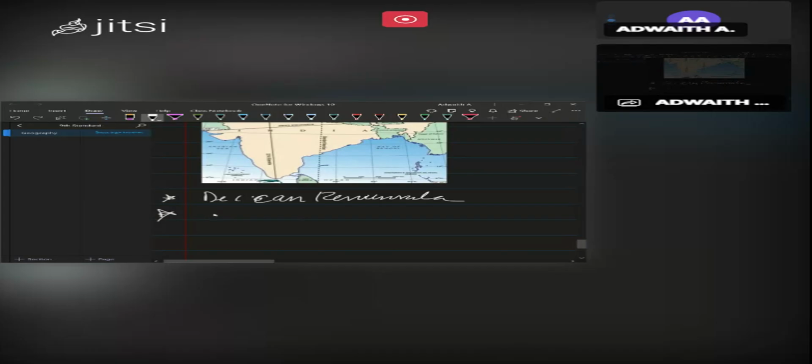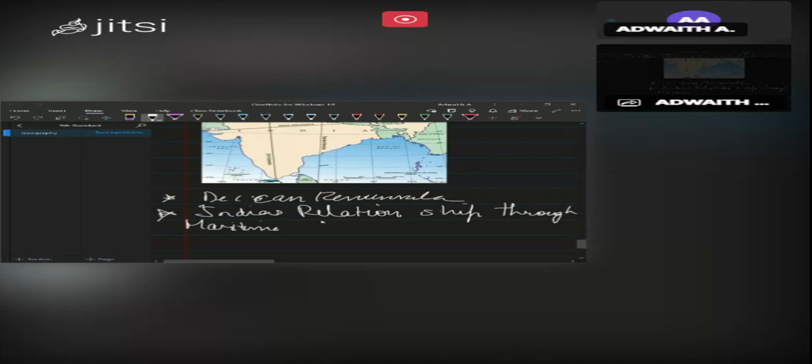I'm just saying India's relationship was founded through maritime routes. Maritime means via the sea.